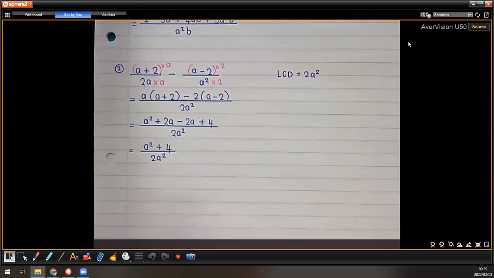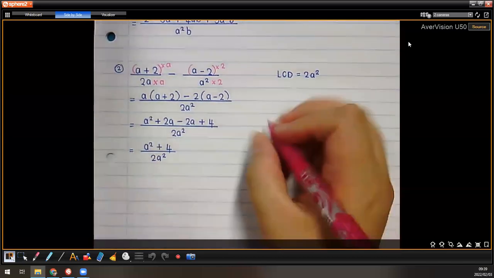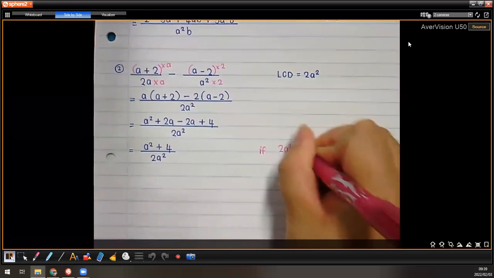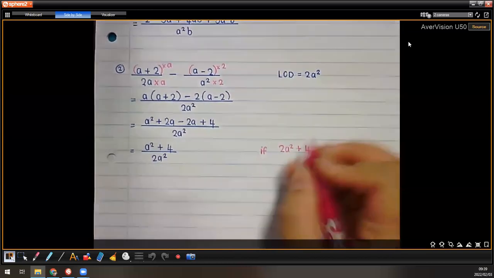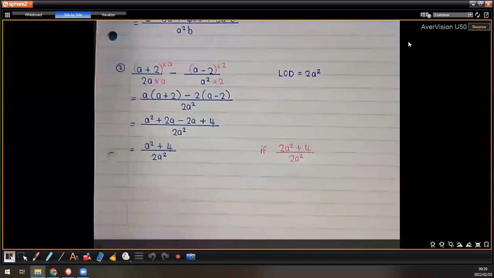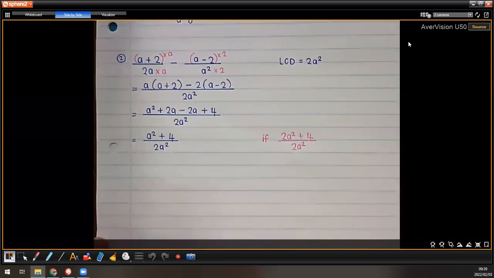Am I able to simplify that further? No. So guys, if this had been 2a squared plus 4 over 2a squared, right, so just add that there. It's not the final answer.